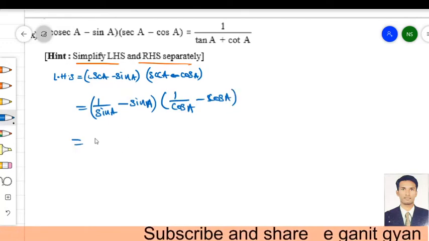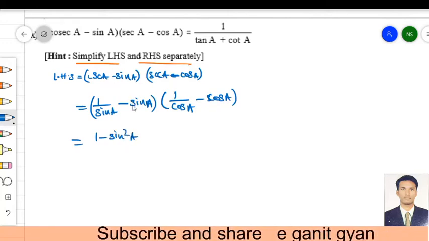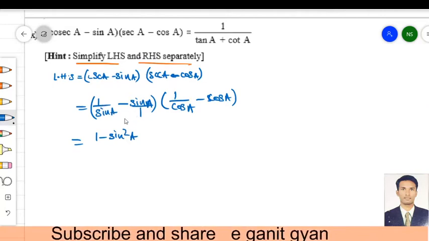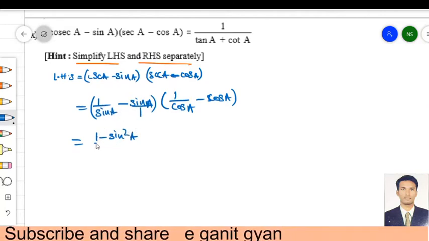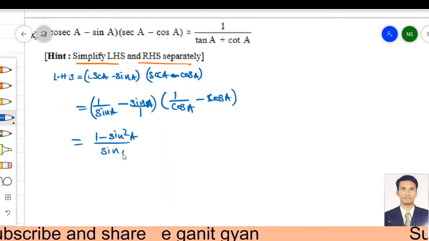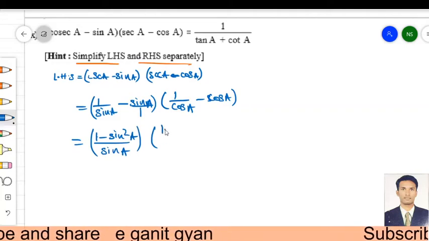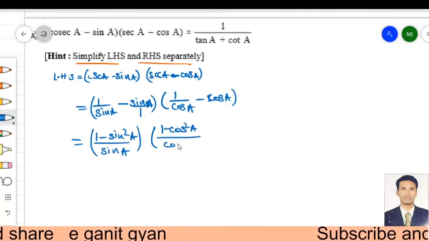By taking LCM I will get 1 minus sin square A. LCM is nothing but just cross multiplying. 1 into 1 is 1, sin A into sin A is sin square A, sin A into 1 is sin A. Here also same procedure, 1 minus cos square A divided by cos A.